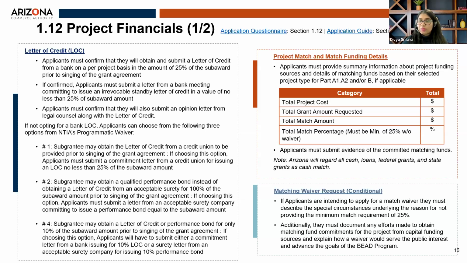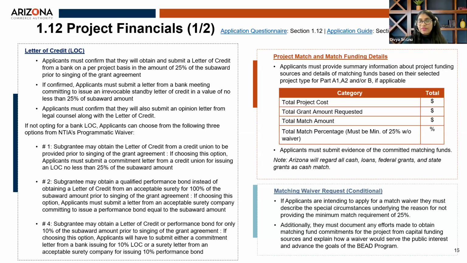Following this is the project match and match funding details section, where the applicants must provide a summary of the project cost and the match details, which would include the total project cost, the total grant amount requested, and the total match amount. As we know, under BEAD NOFO, the minimum requirement of match is 25%.